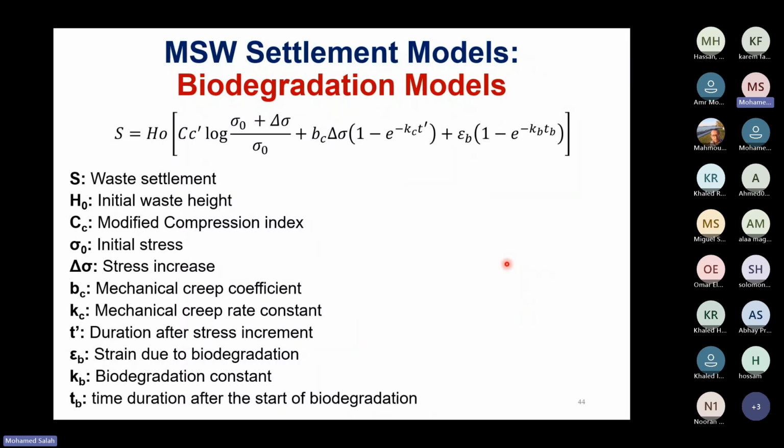And then the equation includes factors for the mechanical creep, rate and value, duration after stress increment, strain due to biodegradation, constants that describe the biodegradation, and a time factor for the duration of the biodegradation.